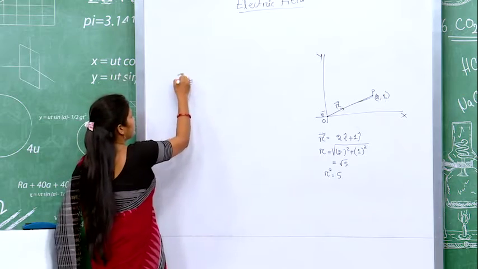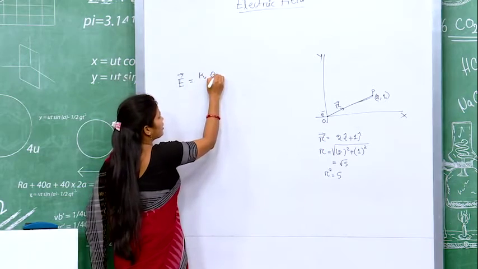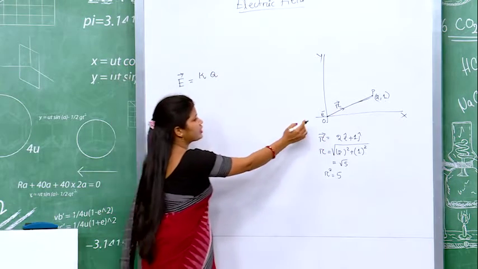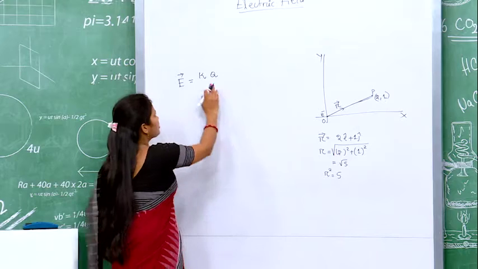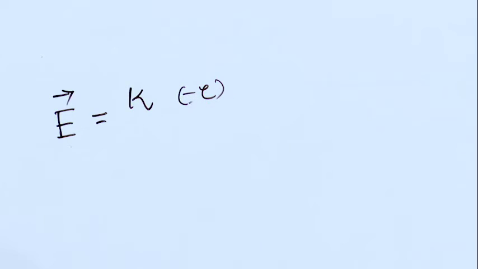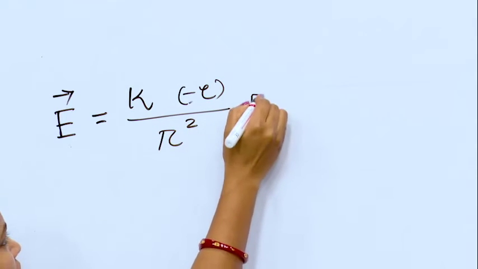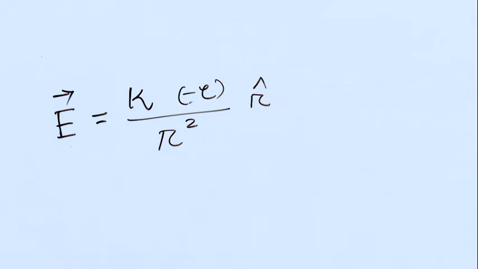The E vector is equal to K Q, where Q means here the charge of the electron, that means I can write minus e, upon R square into R cap.